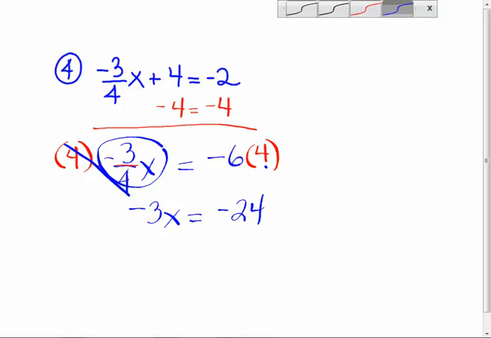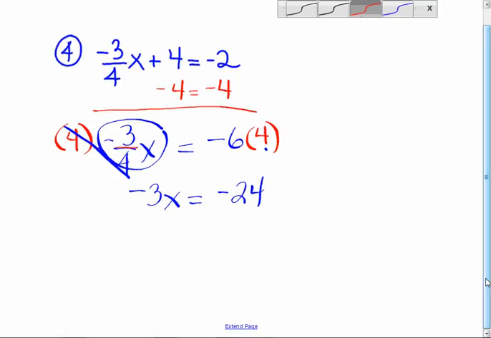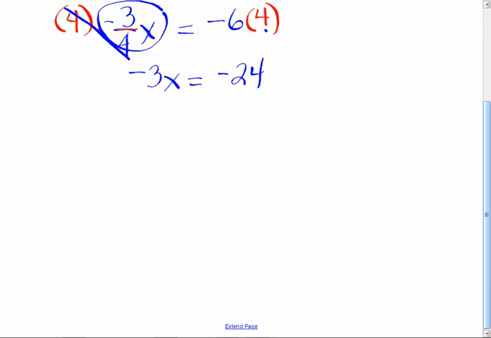How about you guys? What do you have to do? I don't want a negative 3x. No, what operation is between the negative 3 and the x? No, times. How do you get rid of negative 3? No, opposite of multiplying by negative 3 is dividing by negative 3.